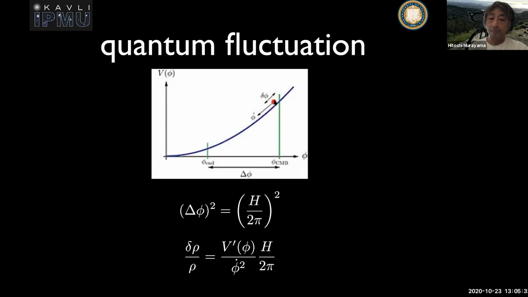Because the height of the potential is basically the constant energy density during inflation, the height of the potential due to fluctuation changes from one place to another by the derivative of the potential times the amplitude of fluctuation, H over 2 pi. So that's this combination of V prime times H over 2 pi.